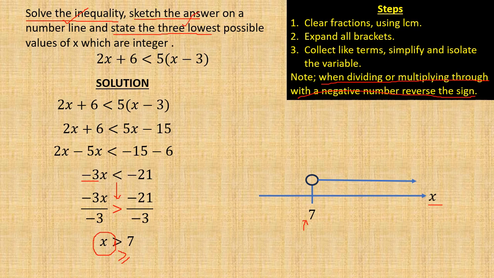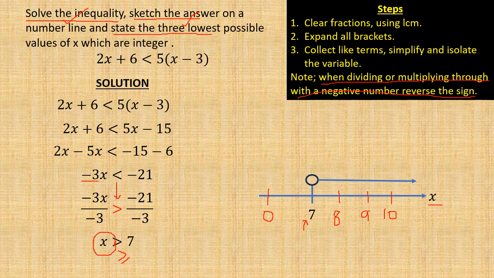The last part takes the three lowest possible values. Now, since this is a number line, to the left hand side of 7, we have some numbers even up to 0. To the right hand side of 7, which is our required spot, we can have the numbers 8, 9, and 10, because we are dealing with integers here.